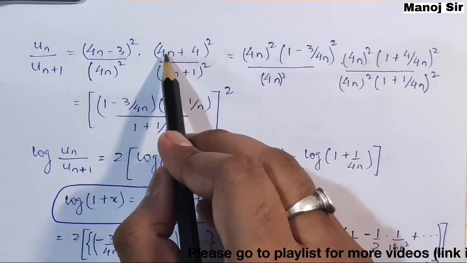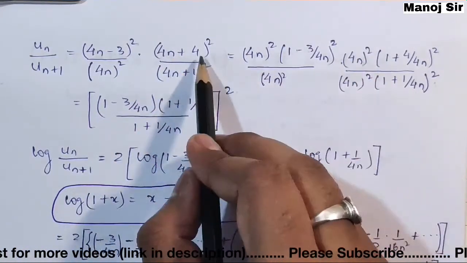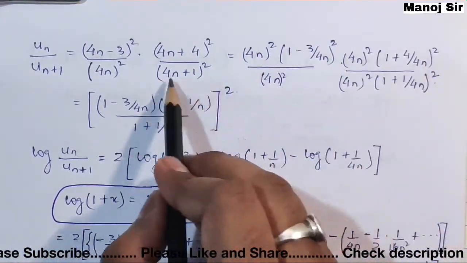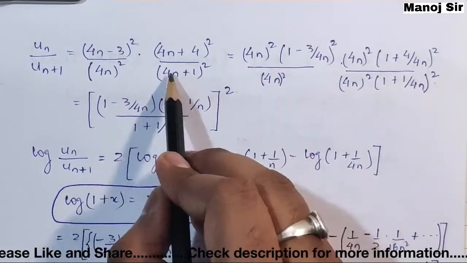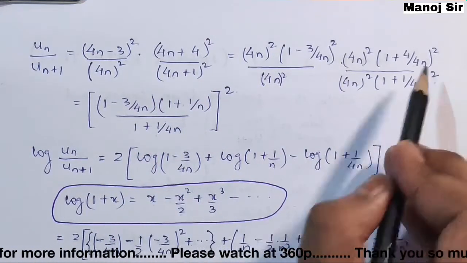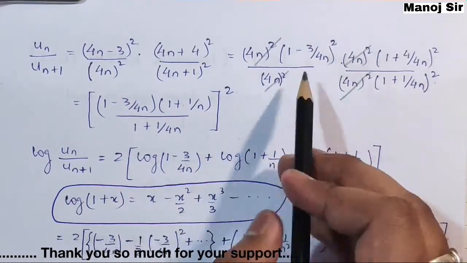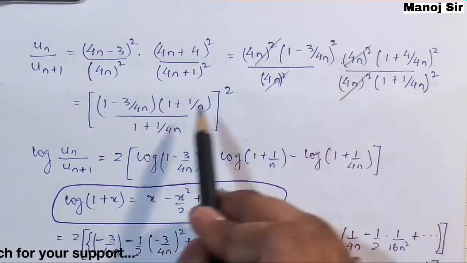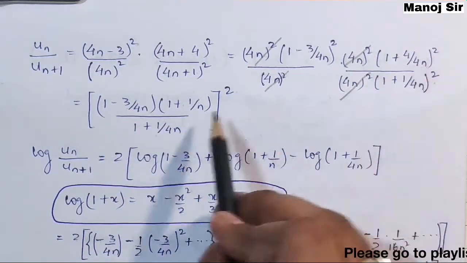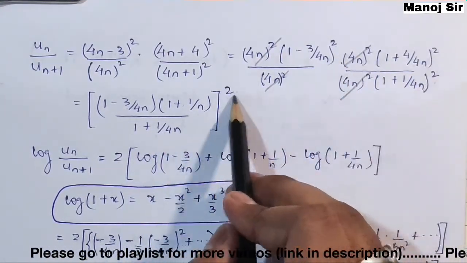Again here we take 4n common, because of this square we will have 4n whole square, this will become 1 and this will become 4 upon 4n whole square. Again here also 4n whole square, here we have 1 and here we have 1 upon 4n, again whole square. Now this will get cancelled, this will also get cancelled. So we are left with 1 minus 3 upon 4n, 1 plus 4 upon 4n, that is 1 plus 1 upon n, 1 plus 1 upon 4n. This is whole square.